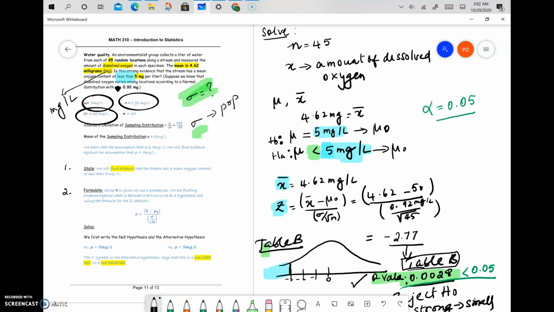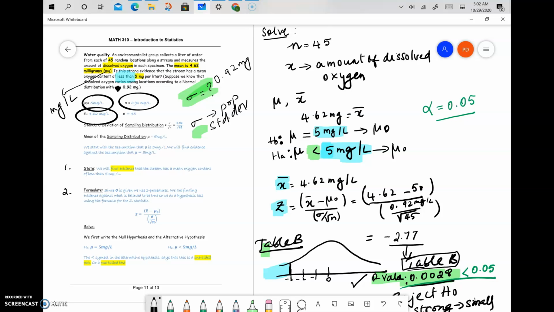Remember, all this has to be memorized. It's the population standard deviation, and clearly that is given to us. It says that the dissolved oxygen varies among locations according to a normal distribution with standard deviation 0.92. So 0.92, since it's referring to the group in general, is the population standard deviation.